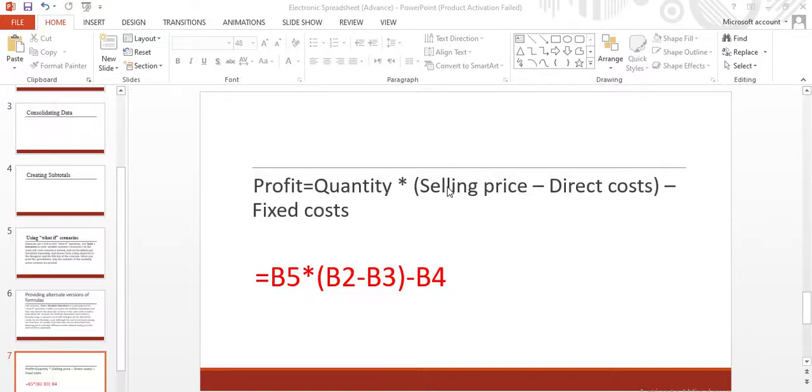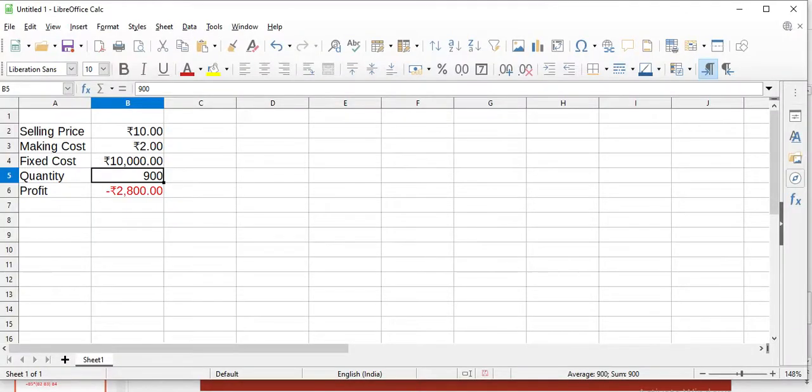For finding the profit, the formula is profit equals quantity into selling price minus direct cost, and from the total amount minus fixed cost. In my LibreOffice, I have written this formula in my profit place.